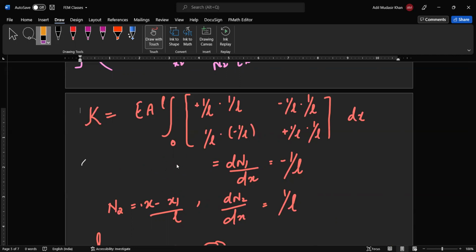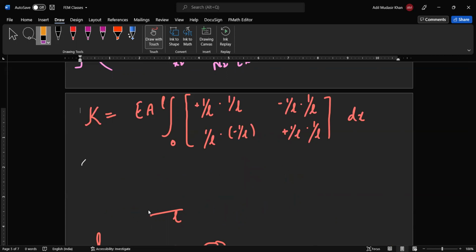So if you solve this expression, the value of the stiffness matrix for a single element bar will come out equal: K, the stiffness matrix for element 1, will come out equal EA by L square. So this L square will come out.